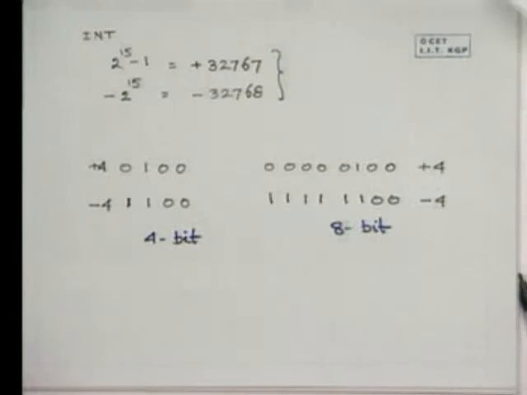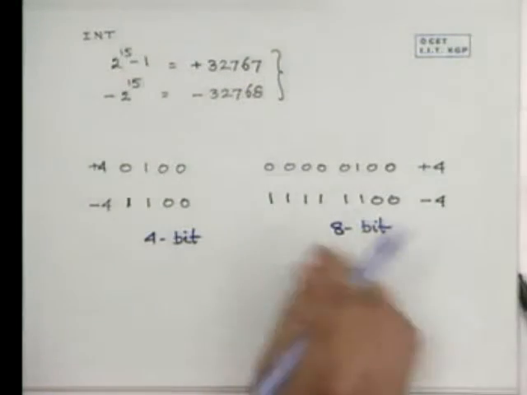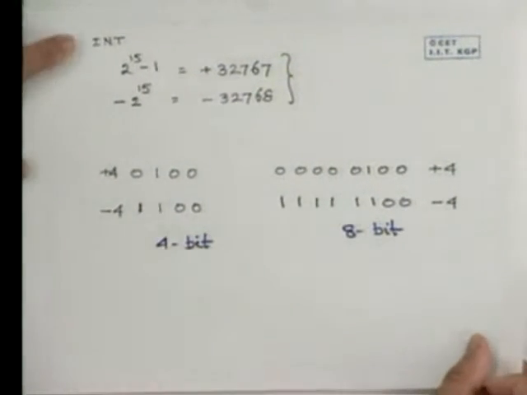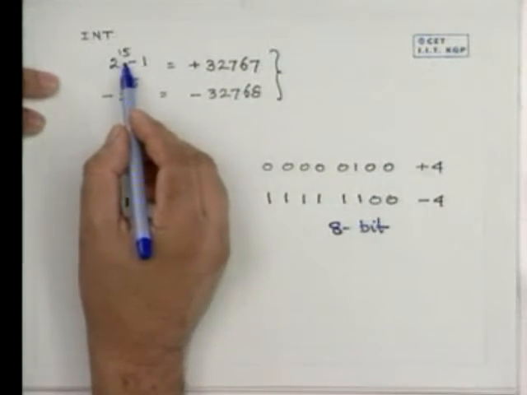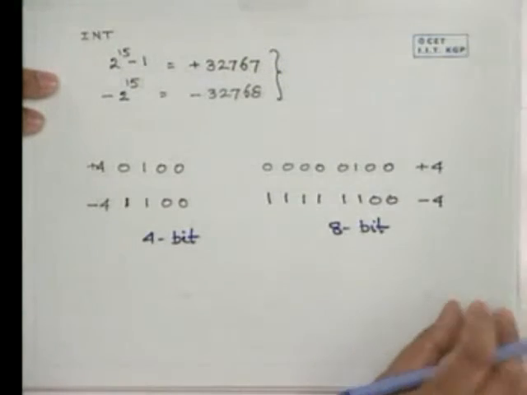Now, why do I say this? The reason is the following. In the case of an integer, generally you have 16 bits, and therefore these are the two ranges that you can represent.